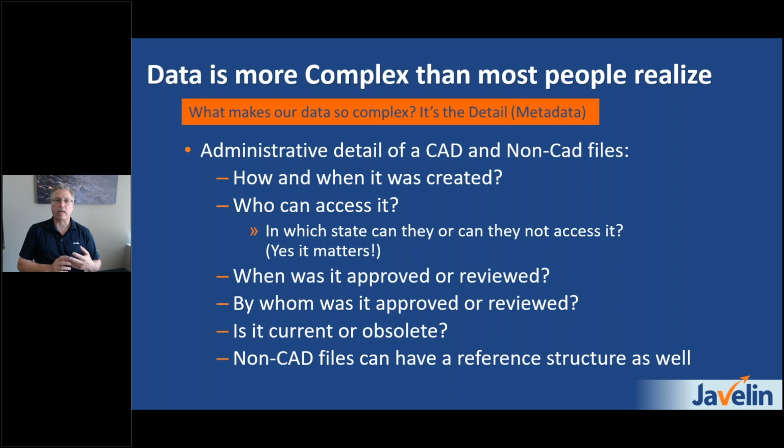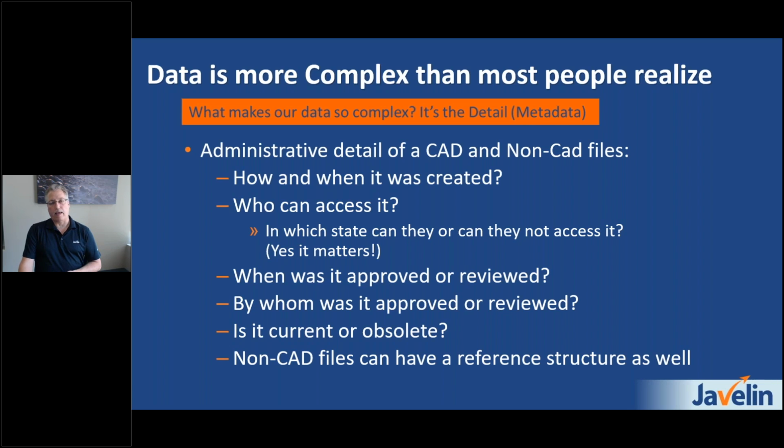Has it been approved, or has it been reviewed? Are people waiting for that to happen so they can go on to the next step? Is the file current, or has it been obsoleted? We want to make sure that people aren't grabbing files that everyone else knows are obsolete, but some people might not have gotten that message, and they might grab it by accident or in haste if they can't find the file they were originally looking for.